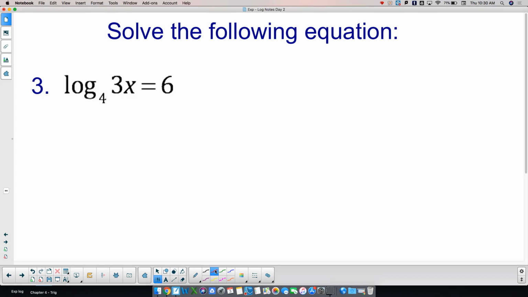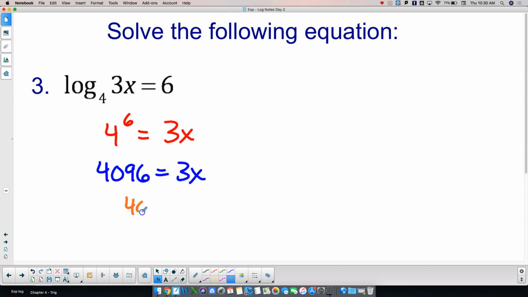Log term is isolated. Switch forms. 4 to the 6th power equals 3x. 4 to the 6th power is 4096 equals 3x. Divide both sides by 3.